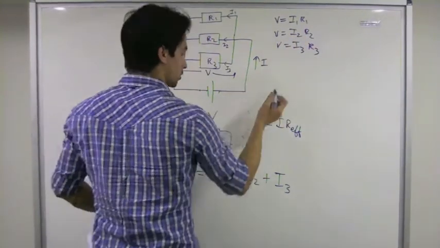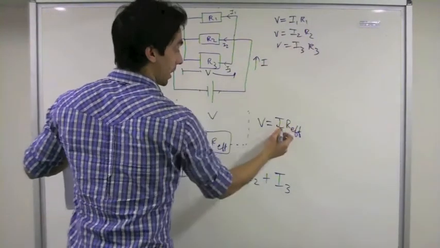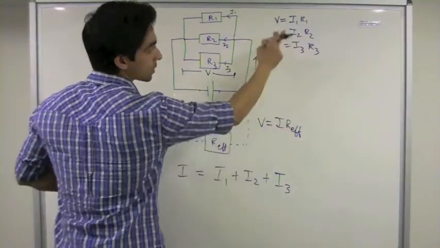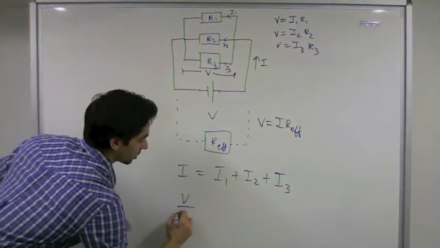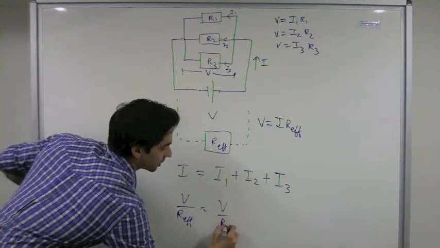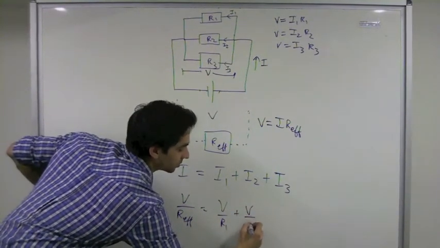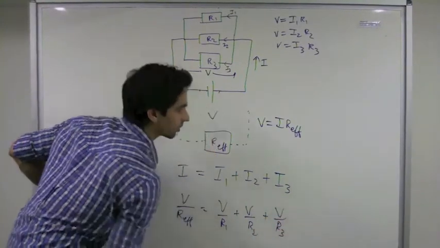Okay? So if I replace the values of I1, I2 and I3 over here, I would have V over R effective equals V over R1 plus V over R2 plus V over R3. Okay?